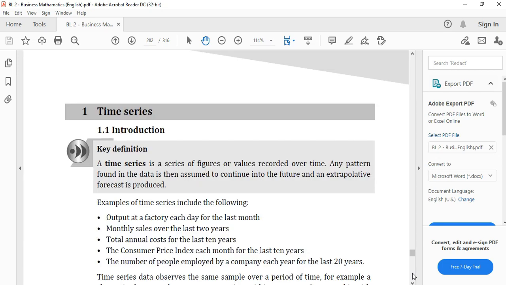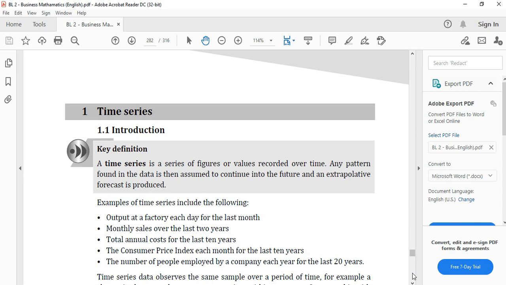So first of all, let's look at the definition of a time series. A time series is a series of figures or values recorded over time. Any pattern found in the data is then assumed to continue into the future and an extrapolative forecast is produced. Examples: output of a factory every day for the last month. Here the time is the last month, and the series is the output of the factory every day.